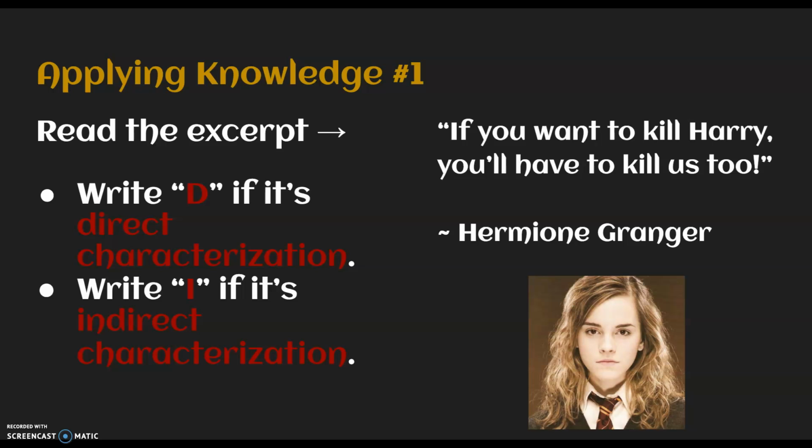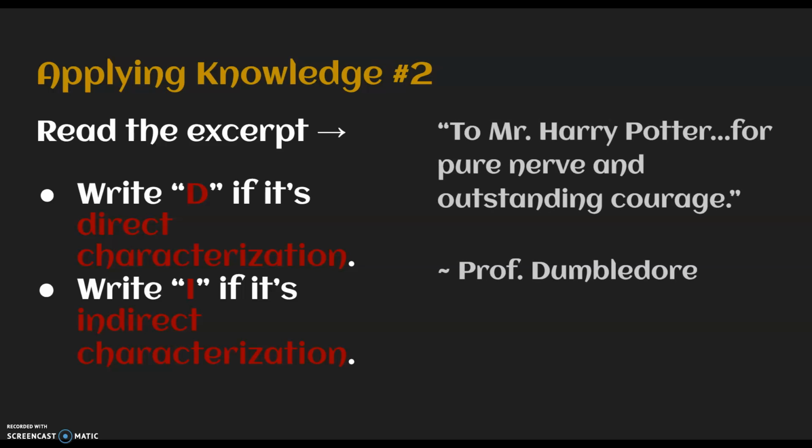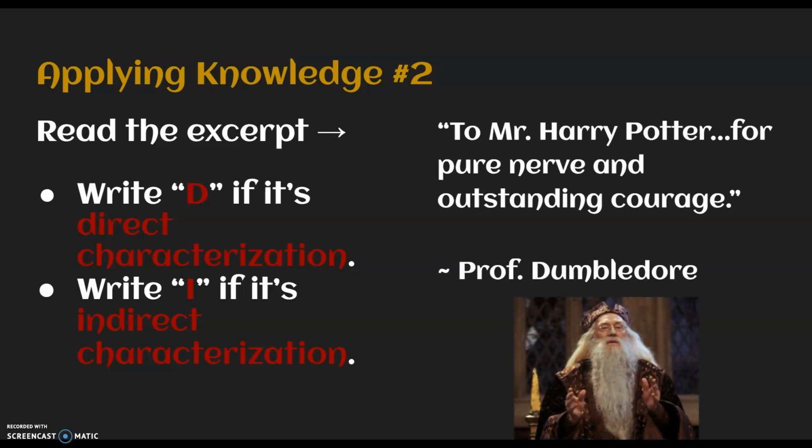All right, let's try another one. Number 2, same thing, write a D if it's direct characterization and I if it's indirect characterization. To Mr. Harry Potter, for pure nerve and outstanding courage. Is it direct or indirect characterization?